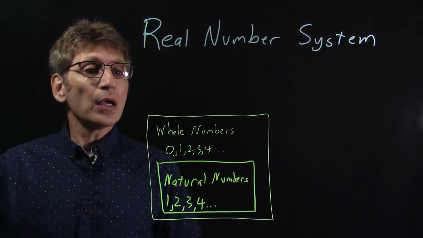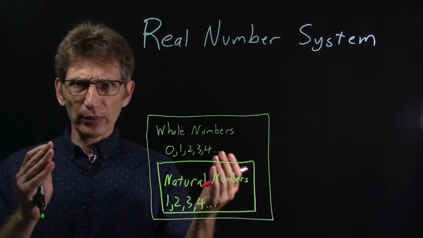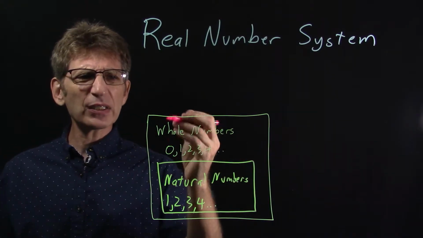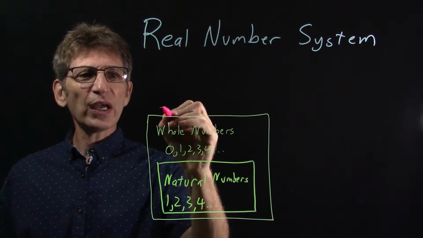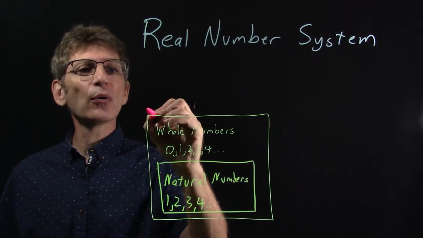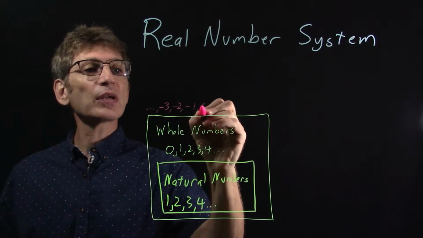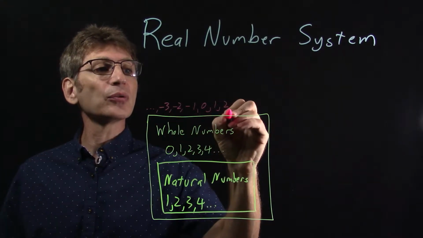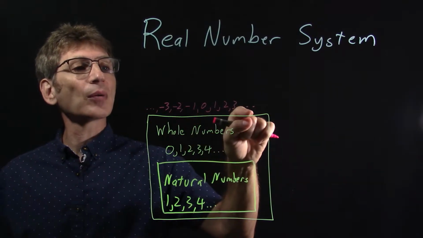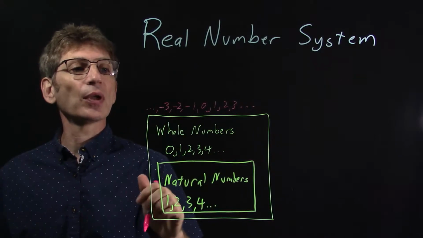If we take this set of whole numbers, and then we also look at their opposites, we get a set of numbers that looks like this. We have the negatives, like -3, -2, -1, and we can keep going in the negative direction. We have 0, we have 1, 2, 3, and we keep going in the positive direction. So these are the whole numbers. These are the opposites of the whole numbers.